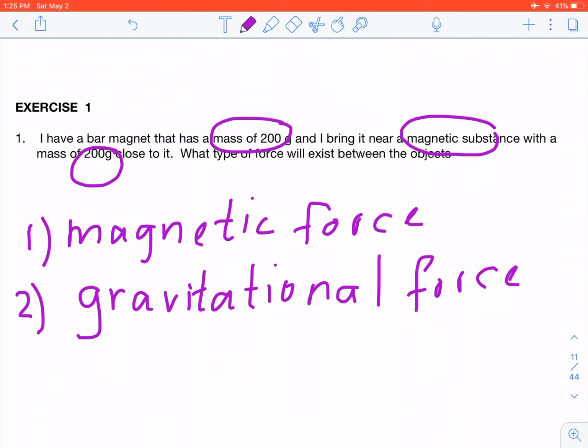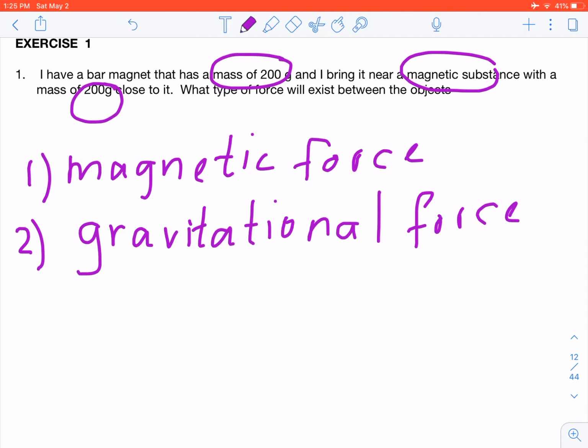What is the magnitude of the magnetic force and gravitational force? That falls beyond the scope of the course at the moment. But next year you will learn what the gravitational force is a function of. One of the things you've already learned is that when the object is further away from the Earth, the force is less.